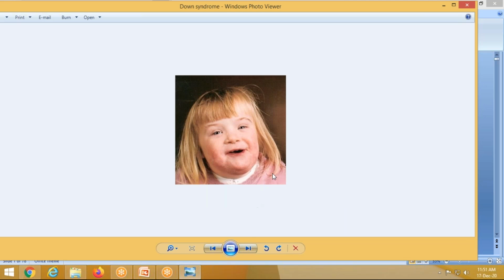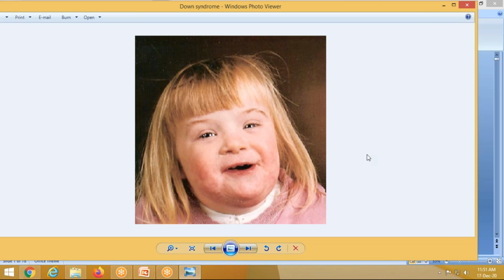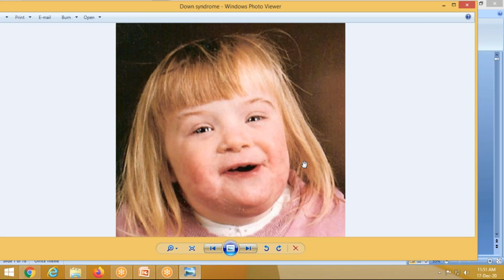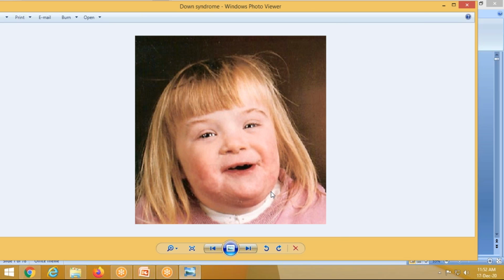What is this girl? Comment? Down. Yeah, it is Down syndrome. So flat nasal bridge, very good. Now, they will ask what are the types of Down syndrome, what is mosaicism, and what are the various other clinical features, physical features of Down syndrome.